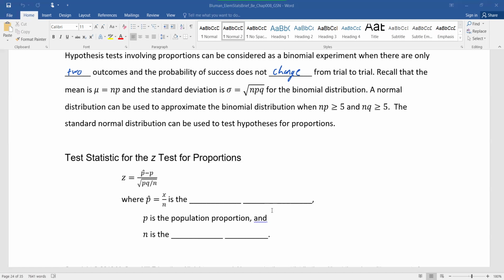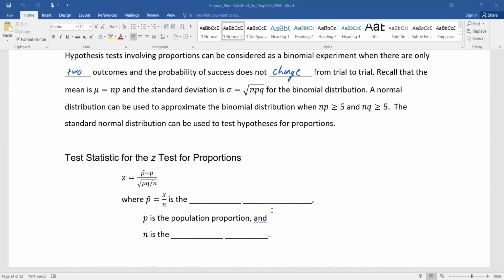I'm pretty sure this is the same as what we saw in chapter 7. You're going to take the probability of success of your actual sample minus the probability of success of what you're trying to get. So let's say we think there's a 50% probability of landing on heads. After doing 22 different samples, I got a probability of landing on heads of 0.42.